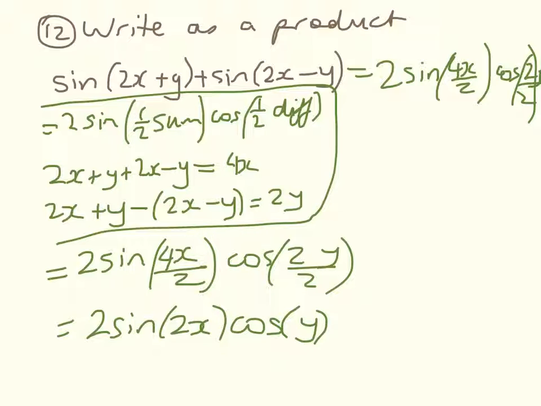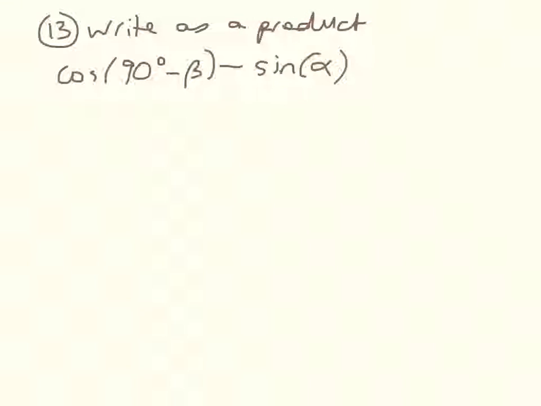Now the next one I'm going to do is similar, but uses one of the rules we learnt earlier. This last one looks weird. The other ones have all had a sine and a sine, or a cosine and a cosine. So this is a cosine, take away a sine.